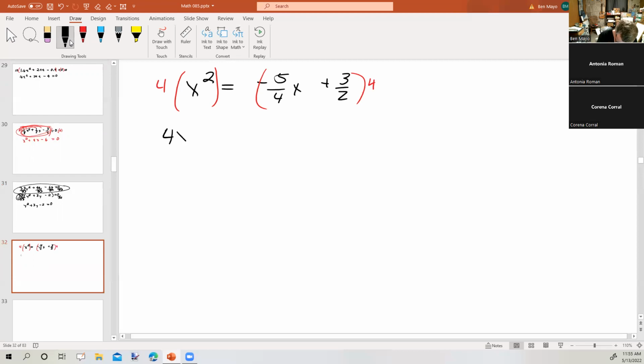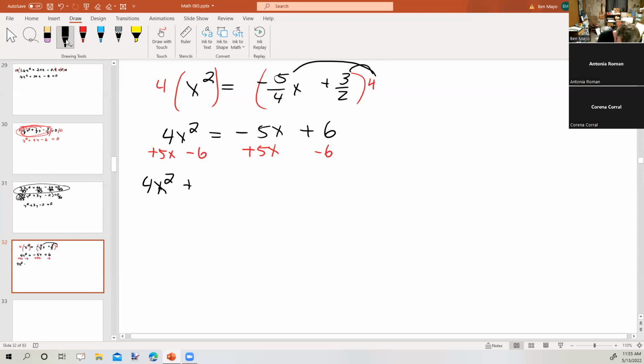So on the left side, I get 4x squared. On the right side, negative 5/4 x times 4 would be negative 5x, because the 4's would reduce down. And then 3/2 times 4 would be 12/2, or 6. So that's clearing the fractions. Now I'm going to come back and add 5x and subtract 6 from both sides. 4x squared plus 5x minus 6 equals 0.